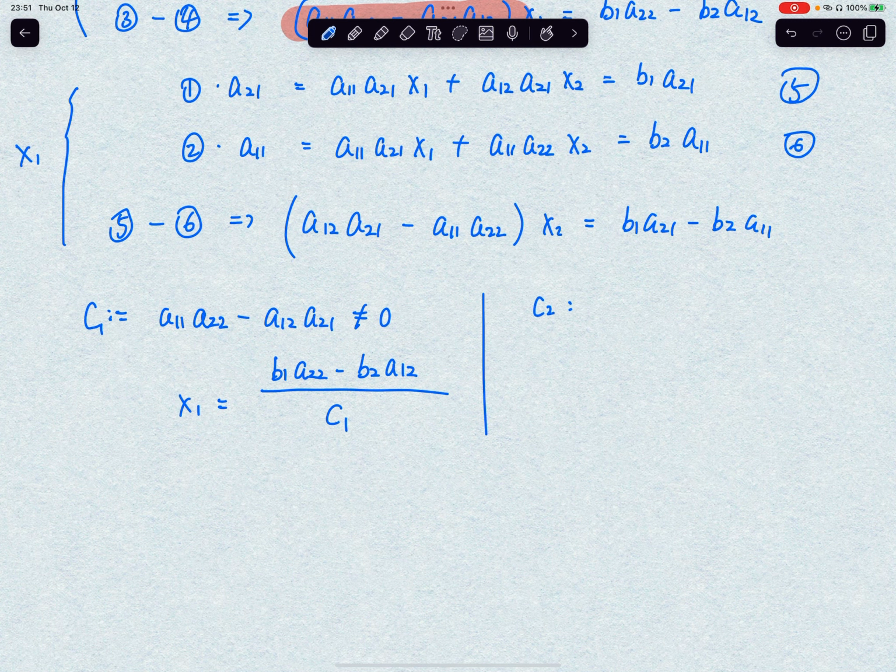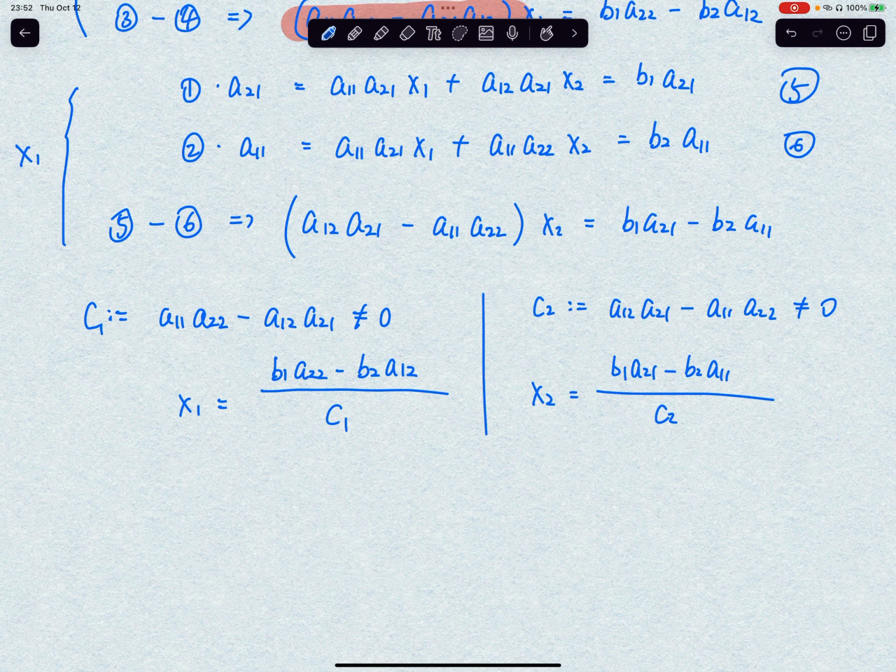So C2 is defined to be a12 a21 minus a11 a22. So if this guy does not vanish, we will have x2 equal to b1 a21 minus b2 a11 over C2.